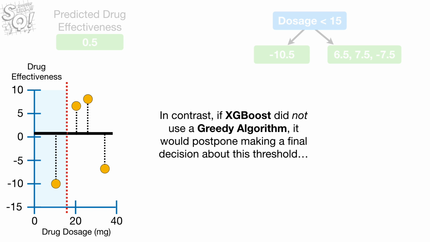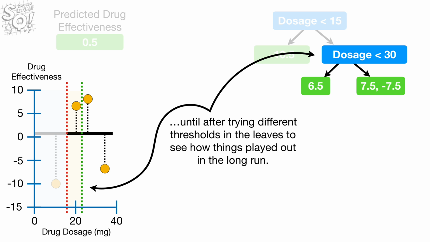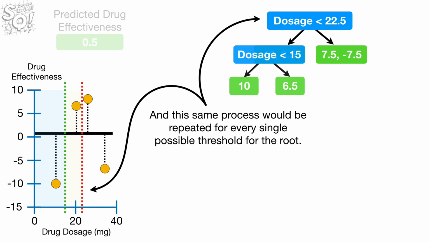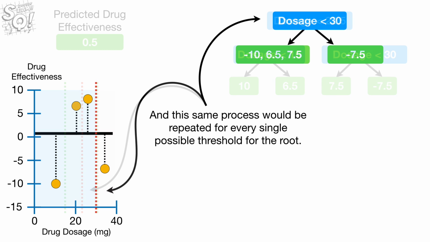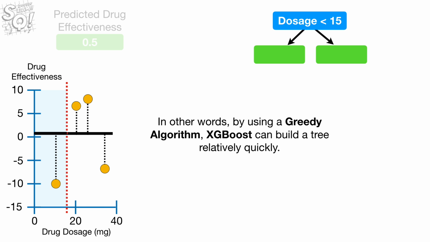In contrast, if XGBoost did not use a greedy algorithm, it would postpone making a final decision about this threshold until after trying different thresholds in the leaves to see how things played out in the long run. And this same process would be repeated for every single possible threshold for the root. In other words, by using a greedy algorithm, XGBoost can build a tree relatively quickly.